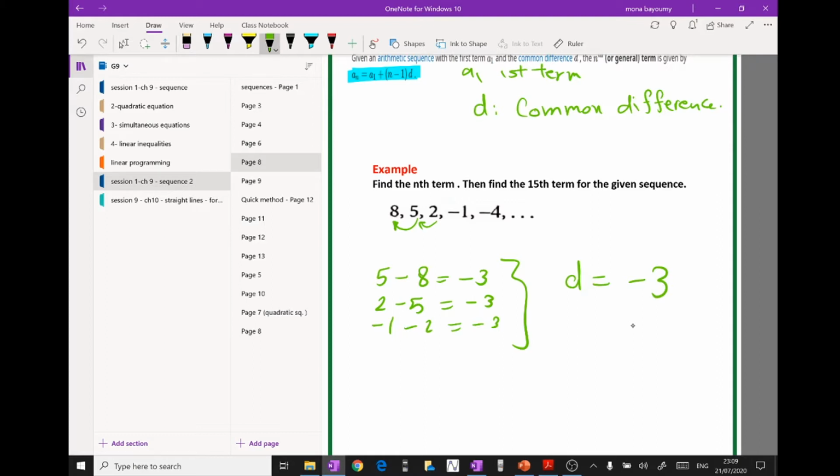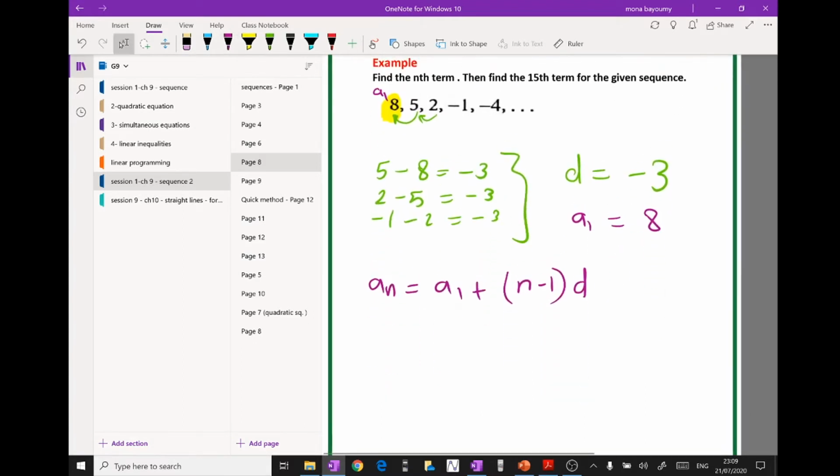Okay, and what about the first term? The first term, we said now it is 8. So a1 is 8. To find the nth term, just use our formula. An equals a1 plus n minus 1 times d. Just substitute a1 and d, then simplify our formula.